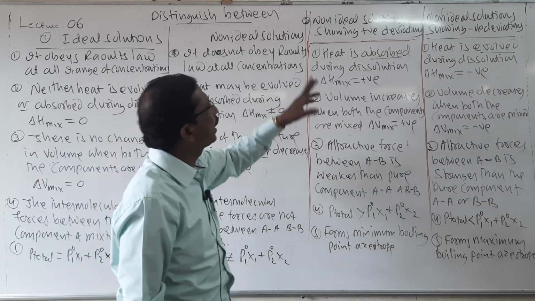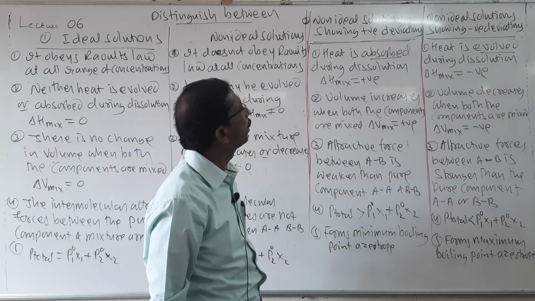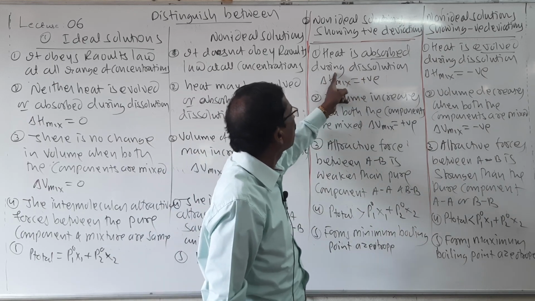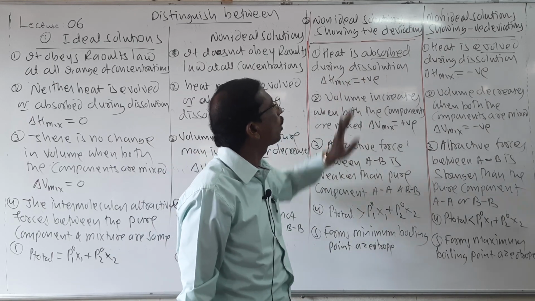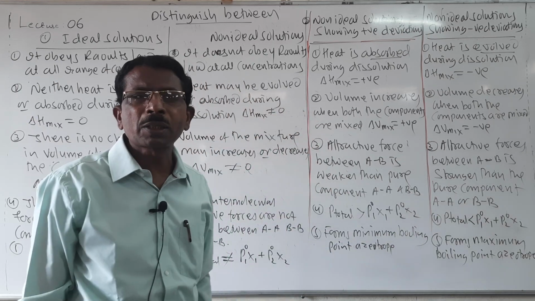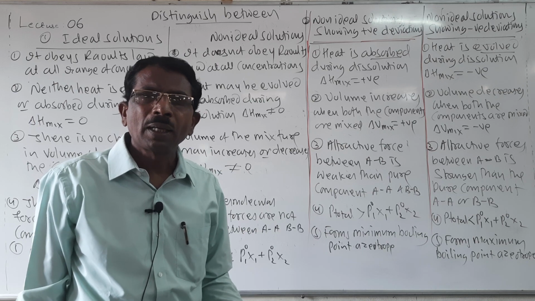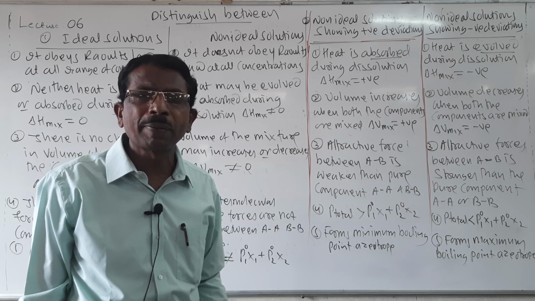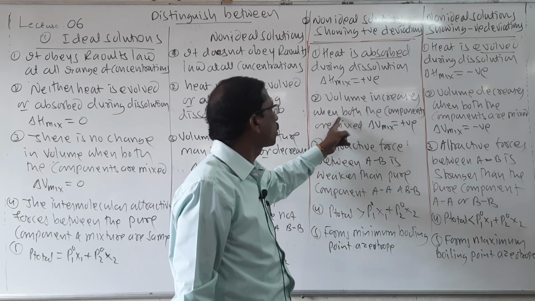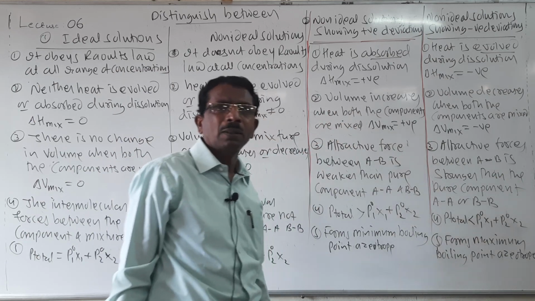So, here what is the difference between non-ideal solution showing positive deviation and negative deviation? Look here, heat is absorbed during the dissolution, delta H mix is positive. So, heat is absorbed from the surrounding because intermolecular attractive force between AB is weaker, and volume increases when both the components are mixed.